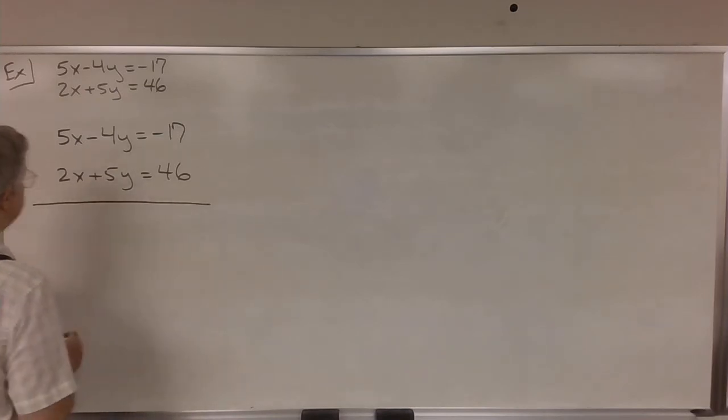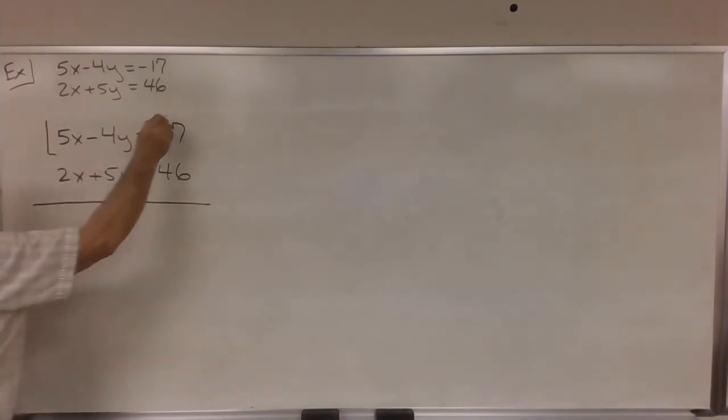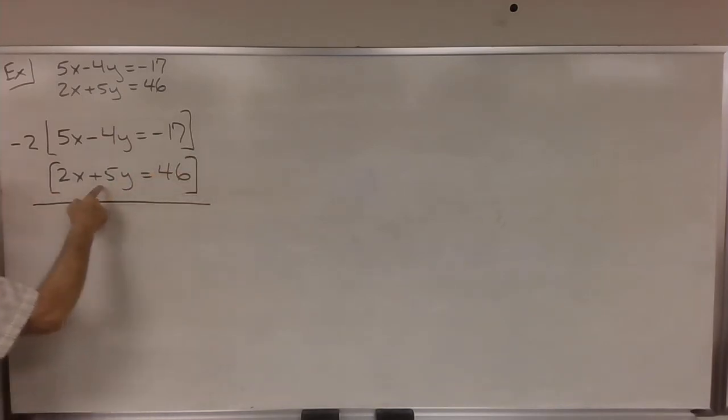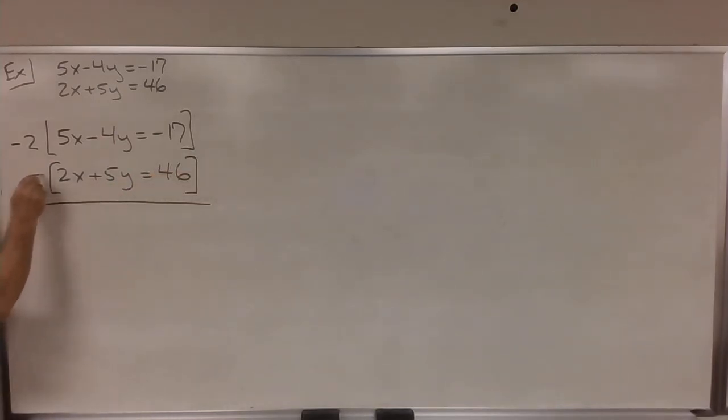I'll show you what I mean. Suppose I multiply this equation by negative 2, and I multiply this equation by 5.